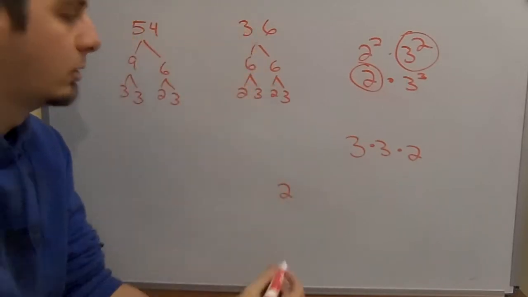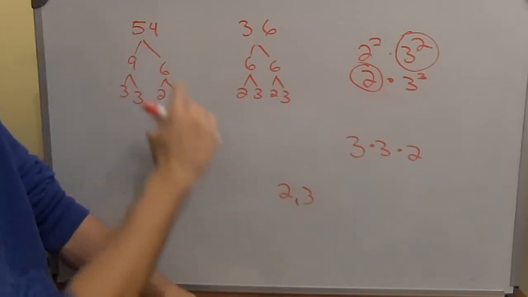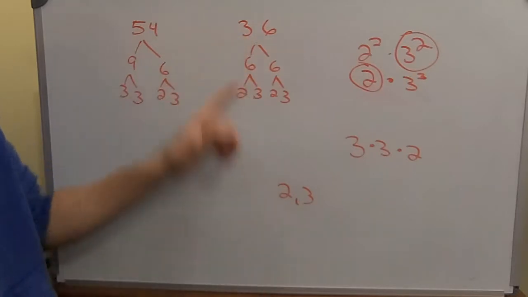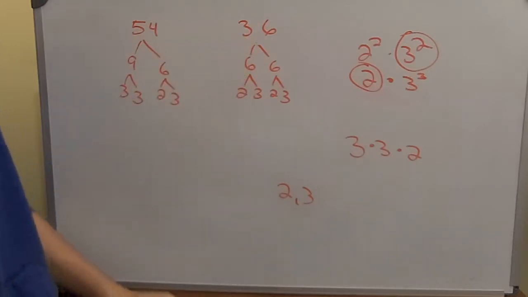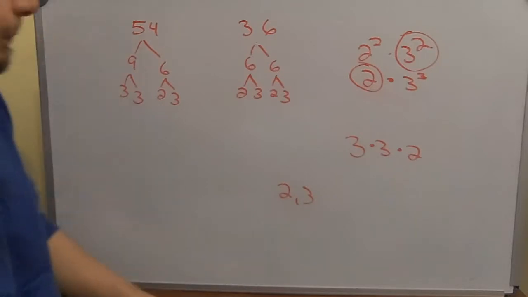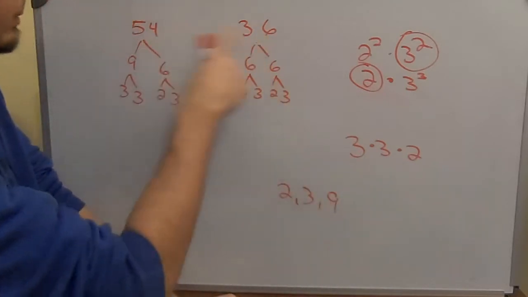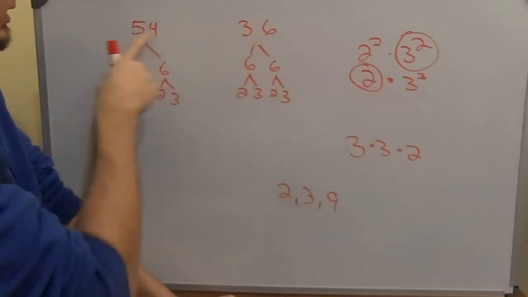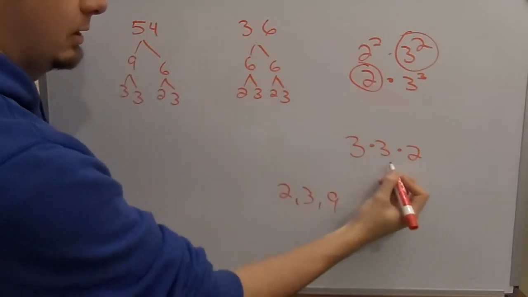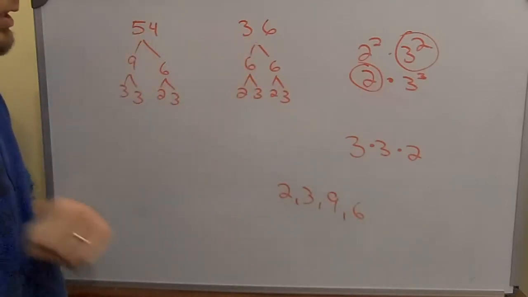They're both even. 3 goes into both of them. 3 goes into 54, and 3 goes into 36. 3 goes into 36 12 times, and 3 goes into 54 18 times. 3 times 3 is 9, so 9 goes into both of these numbers. 9 times 4 is 36, and 9 times 6 is 54. 2 times 3 is 6. 6 times 6 is 36, and 6 times 9 is 54.